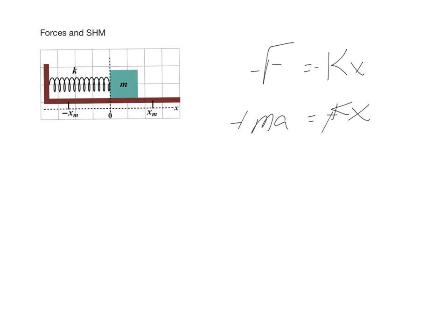Now what we're going to do is write this in a differential equation form with respect to x. If we integrate a, we get v, integrate v, we get x. So working backwards, a is the second order derivative of x. And there are a few different ways to note the derivatives.